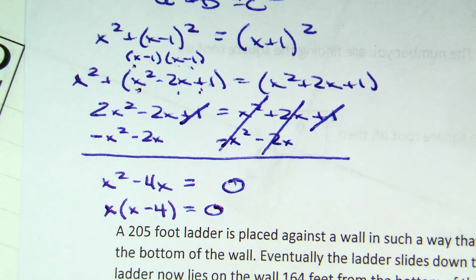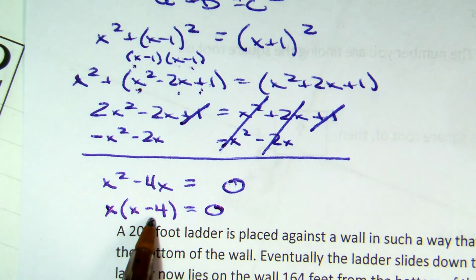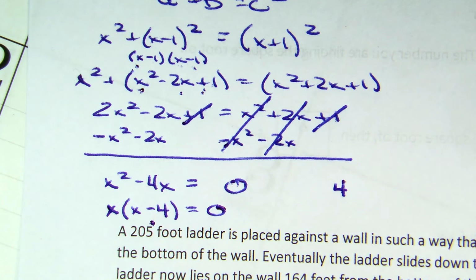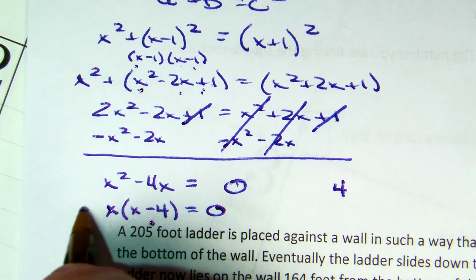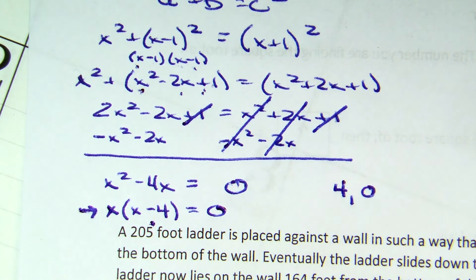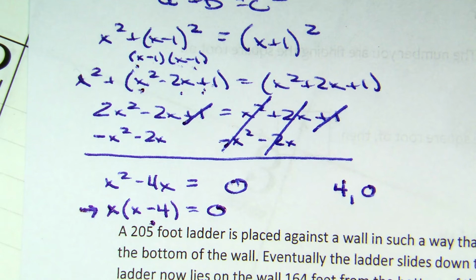Now, what's the opposite of negative 4? Positive 4. Please recall that another possible solution, if there's an x on the outside, it's just 0. Whenever you factor out a GCF, which is a variable, 0 is added to your solution. Everybody good?